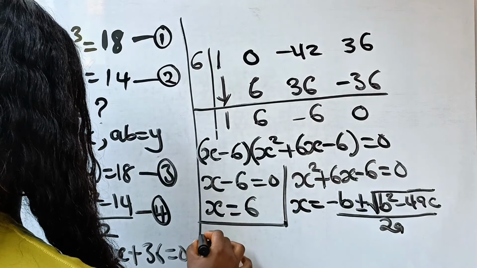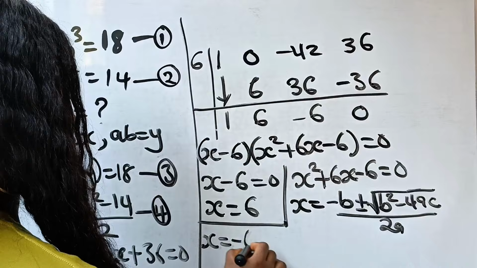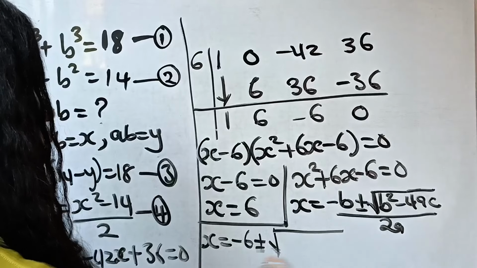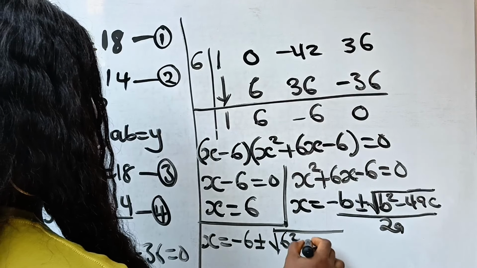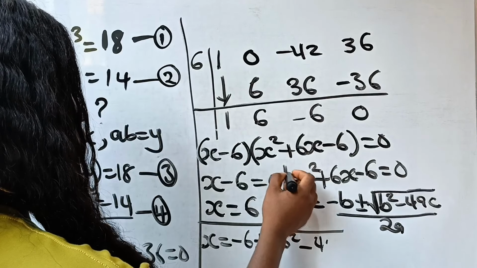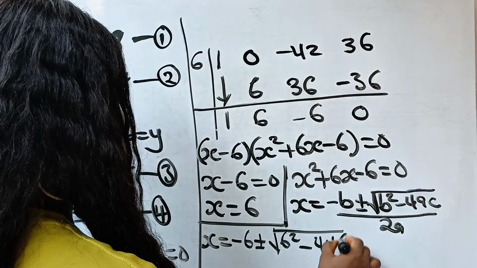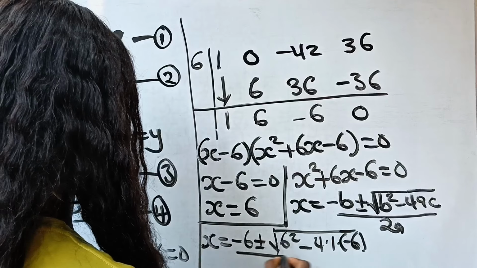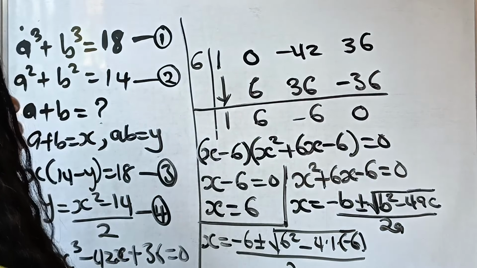So we have x equals minus 6 plus or minus the square root of 6 squared minus 4ac, where a is 1, the coefficient of x squared, and c is the constant, which is minus 6, everything divided by 2a, which is 2 times 1, which is 2.